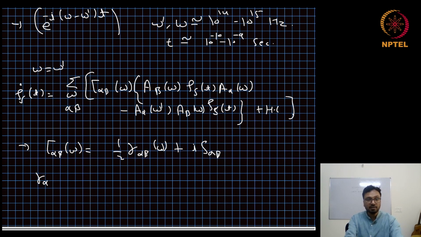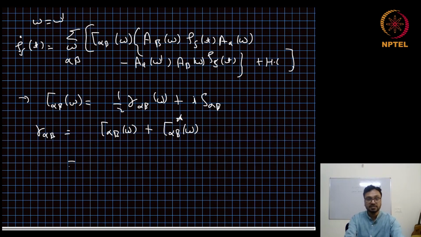So capital gamma alpha beta becomes gamma alpha beta of omega plus gamma alpha beta of omega star, which is given by the integral from minus infinity to infinity d tau e to the i omega tau, B alpha of tau B beta of 0.